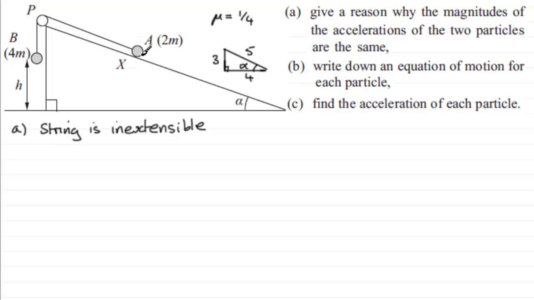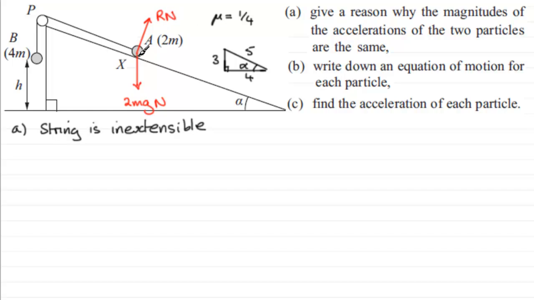If we turn our attention to particle A, we've got the weight of the particle. It's got a mass here of 2m, so its weight is going to be 2mg newtons. We've also got the normal contact force from the plane, so we'll mark that in as, say, R newtons.